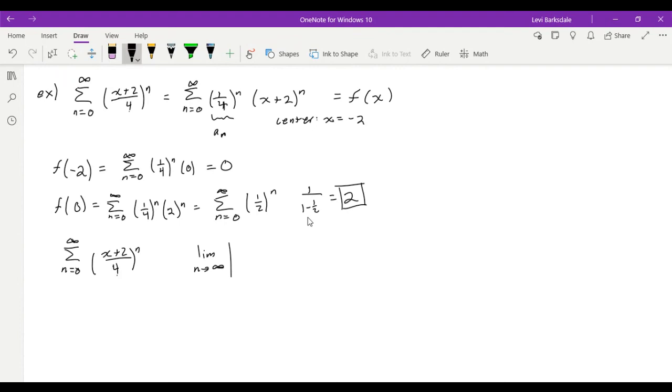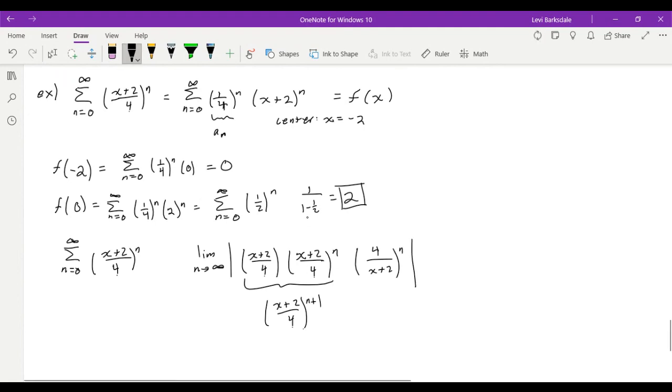Well, then I would get x plus 2 over 4 times x plus 2 over 4 to the nth, and combined, this part here would be my x plus 2 over 4 to the n plus 1, which would be a sub n plus 1. Then I would be dividing by x plus 2 over 4 to the nth. I'm going to write that as the reciprocal because that's how I prefer to do it.